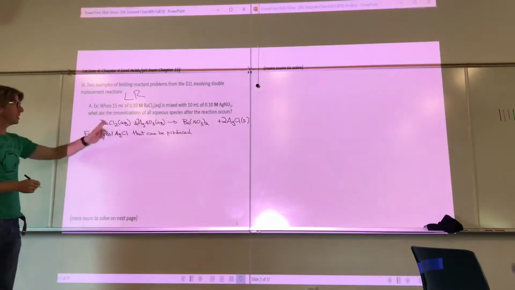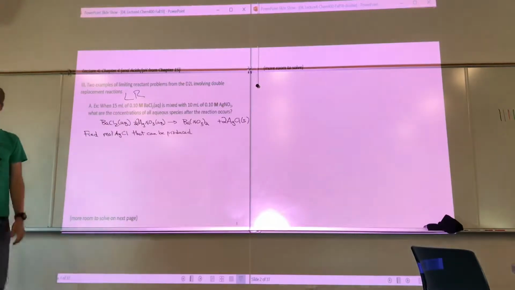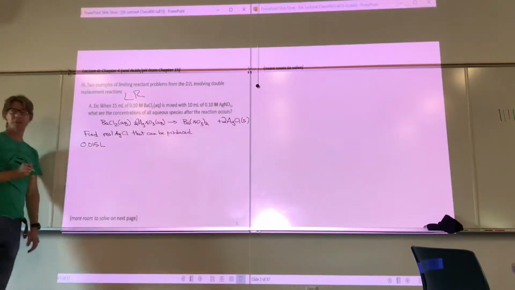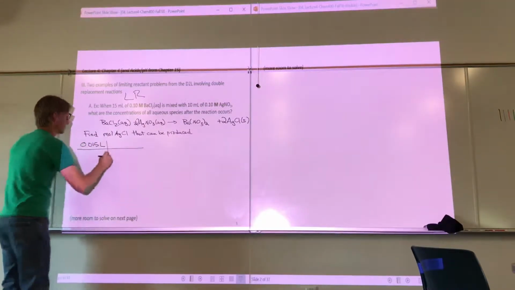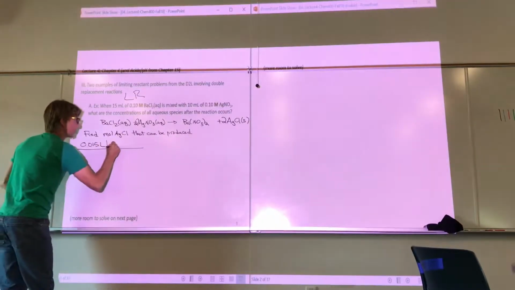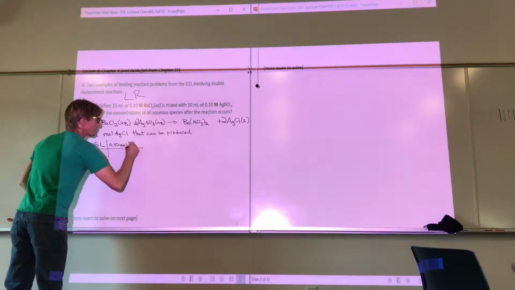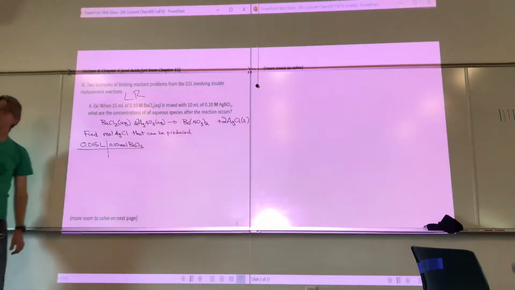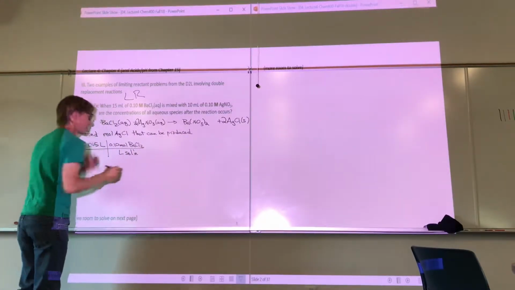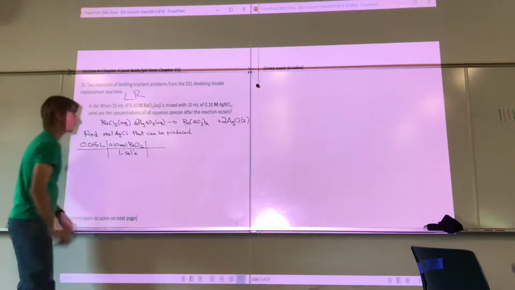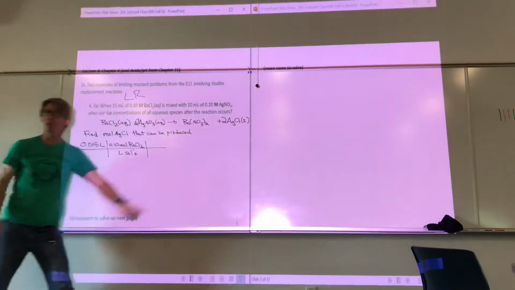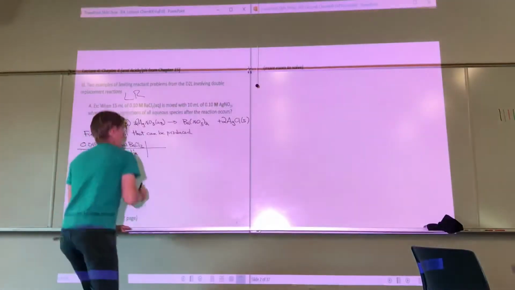First for my barium chloride: I have 15 milliliters, that's 0.015 liters. Liters times molarity, 0.10 moles of barium chloride per liter of solution. Then I use my 1 to 2 mole ratio to find my moles of silver chloride.